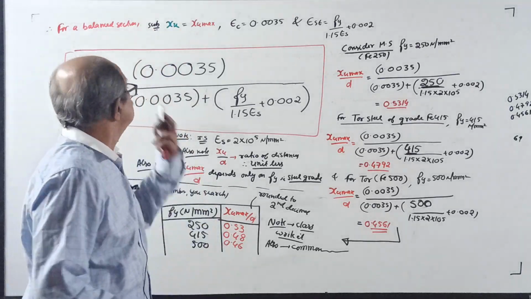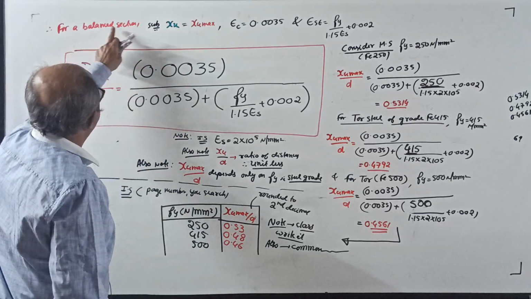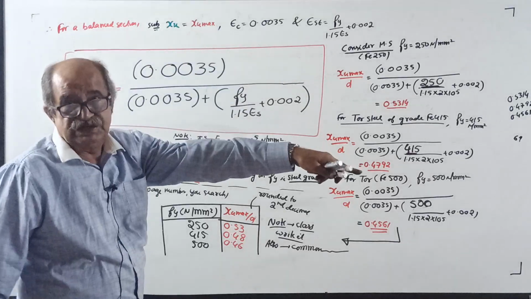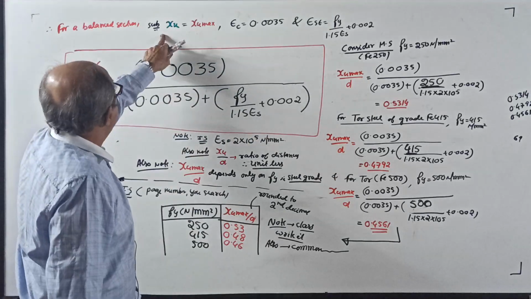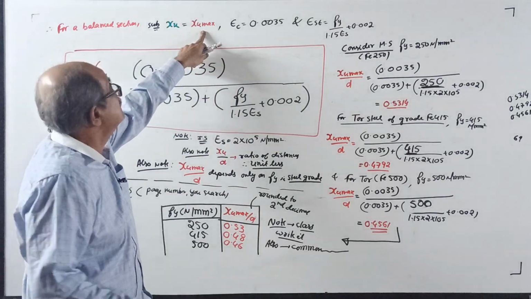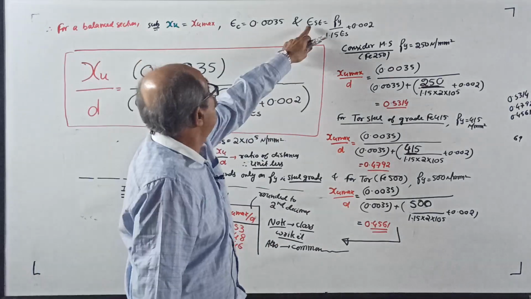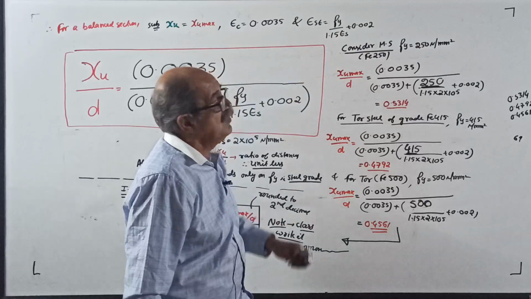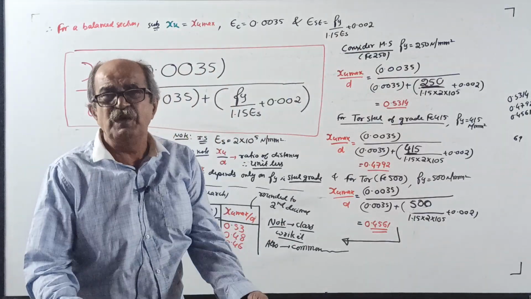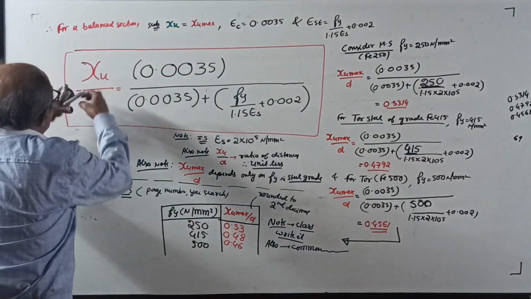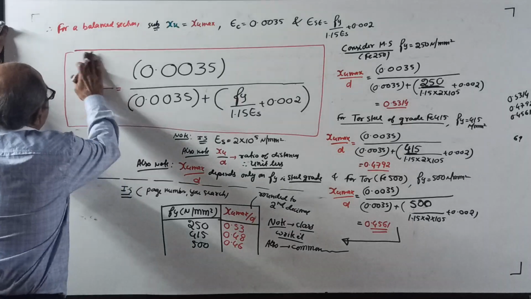Okay, now, therefore, for a balanced section, just now I wrote, substitute xu equal to xu max, epsilon c equal to 0.0035, epsilon st equal to fy by 1.15 Es plus 0.002.